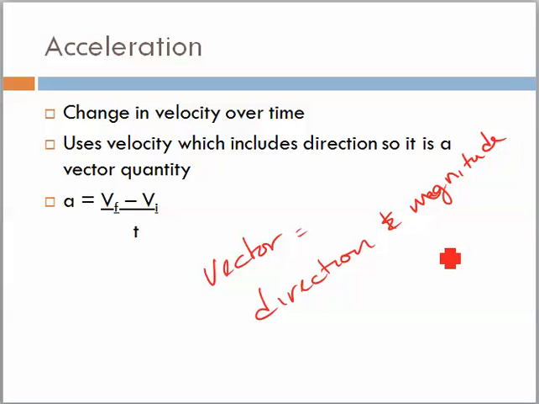Put a little a in there for magnitude. You can be accelerating at 10 meters per second squared north, so it is a vector. You're going to include direction and time.